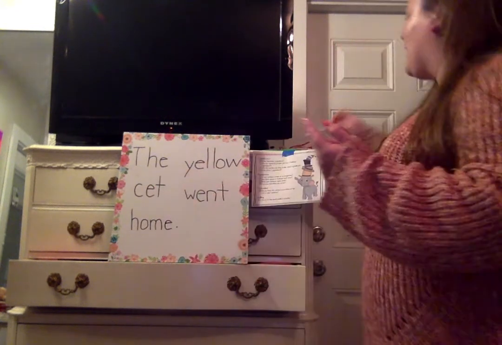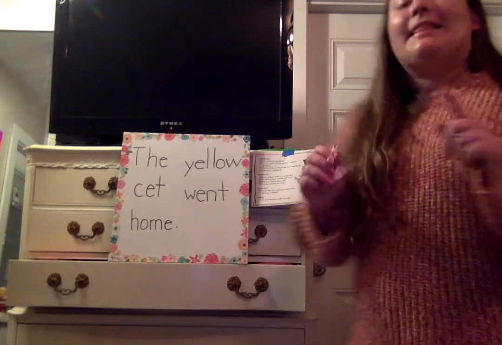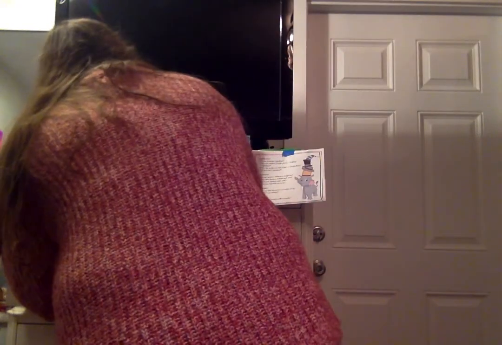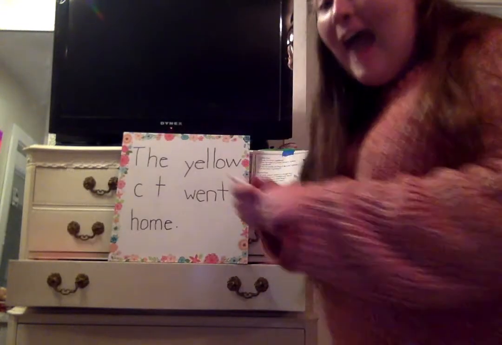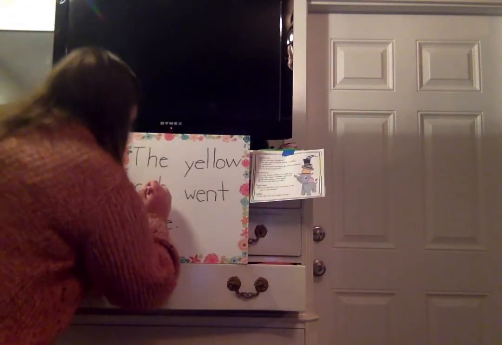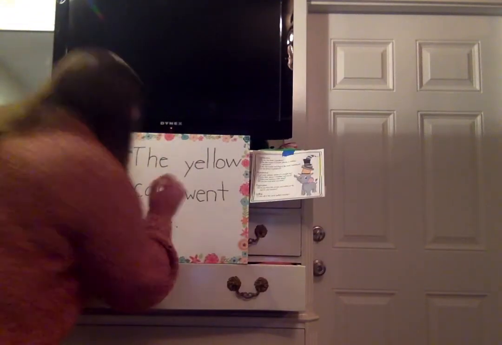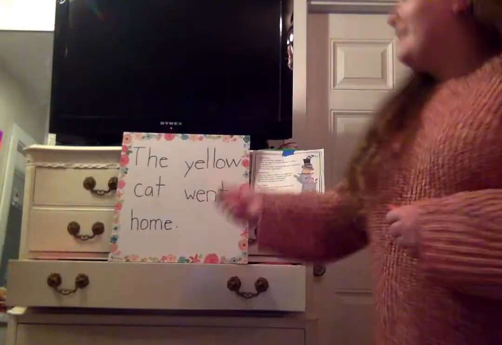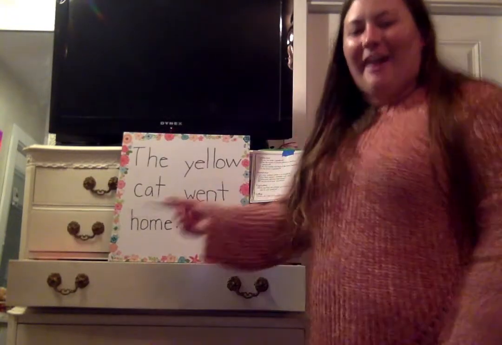So I know the E is wrong, but the A makes the ah sound. So I can go ahead and erase that and correct my sentence. E to an A. Cat. Now I have spelled cat correctly.